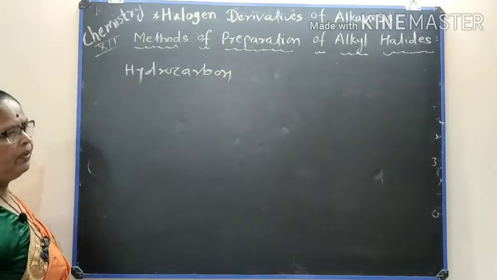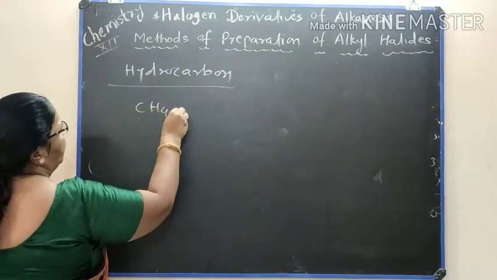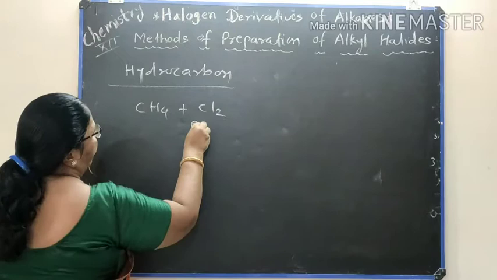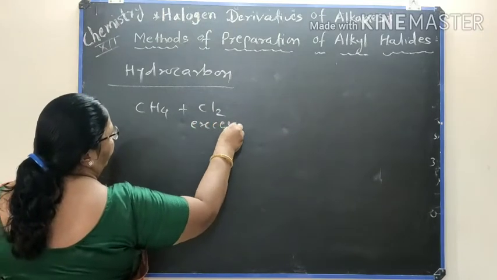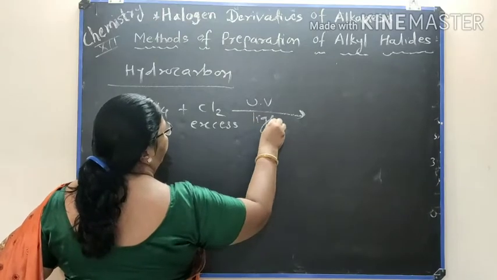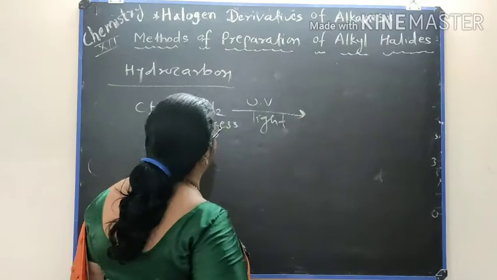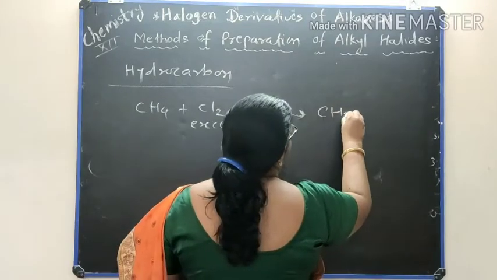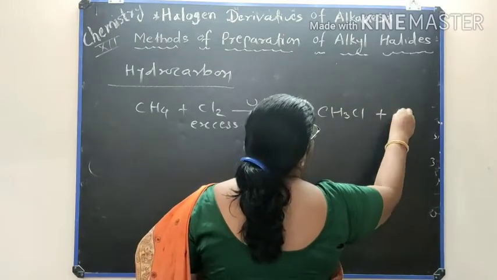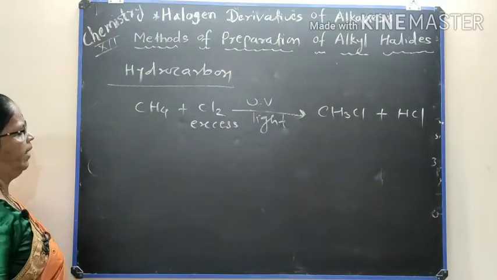For example, we will see here, that is methane CH4 is treated with excess of chlorine in presence of UV light or diffused sunlight. It gives CH3Cl methyl chloride as well as here 1 molecule of HCl.